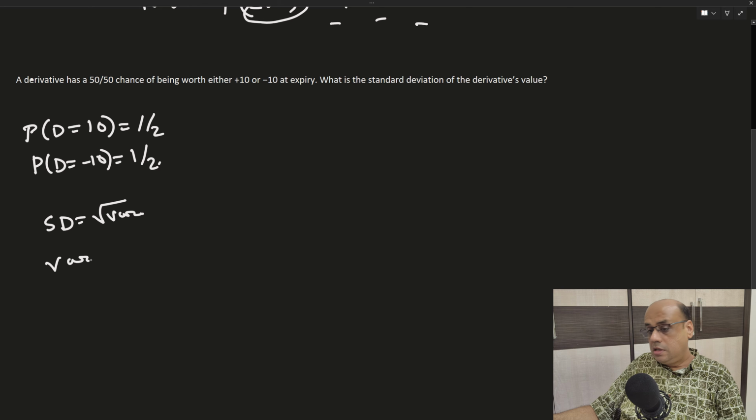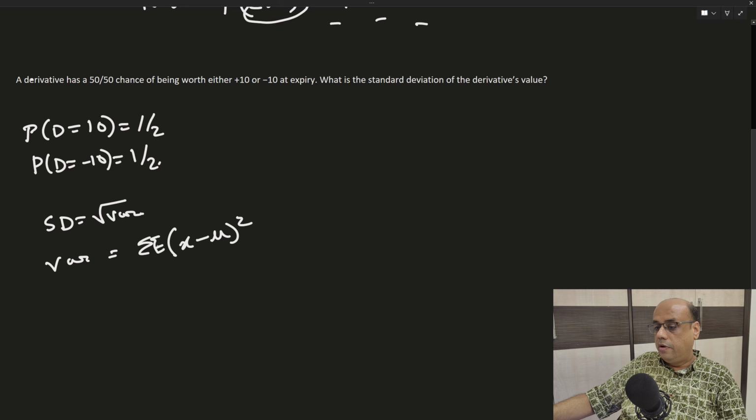Standard deviation is nothing but the square root of variance. And what is variance? Variance we know is the expectation of x minus mu whole square, right? So it is 0.50, because the probability each time is half, into the deviation from the mean. The mean is 0.